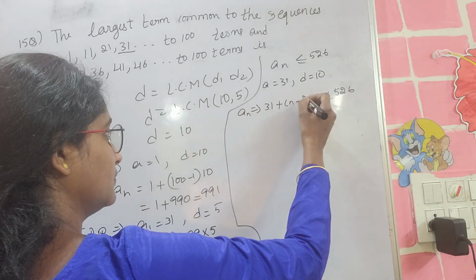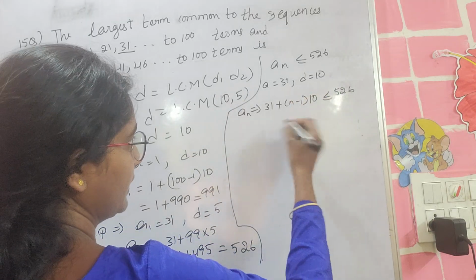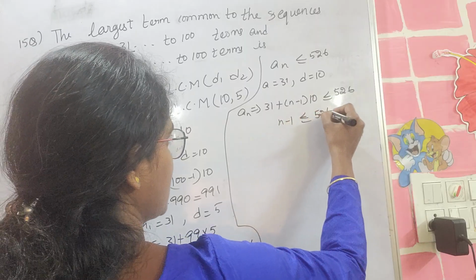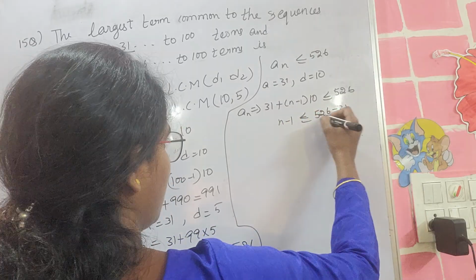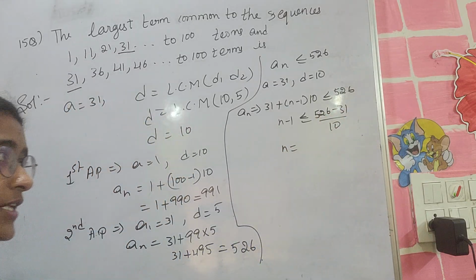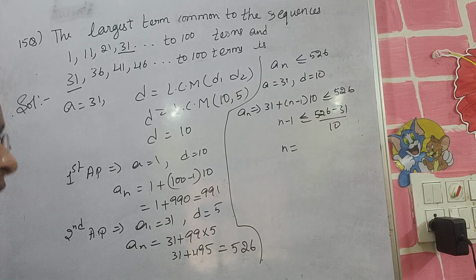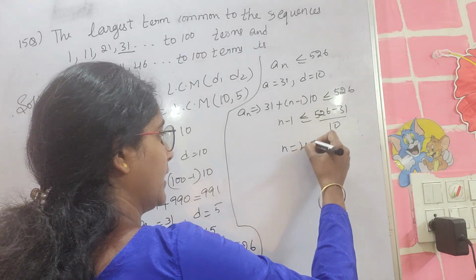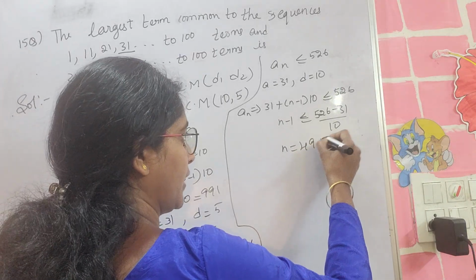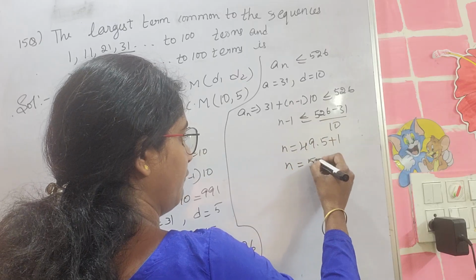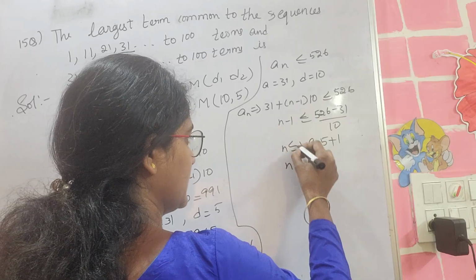So n minus 1 is less than or equal to (526 minus 31) by 10, which is 495 by 10, 49.5. Then plus 1, n is less than or equal to 50.5.